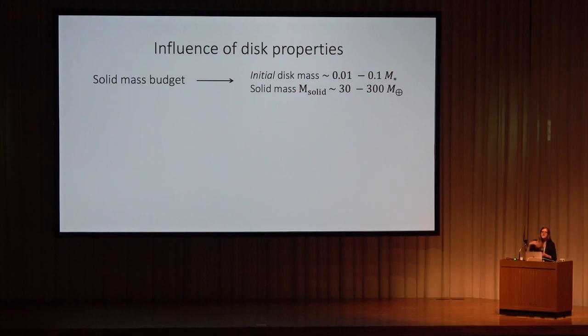This corresponds to an initial solid mass budget of around 30 to 300 Earth masses for solar metallicity. Given that compact multis typically contain multiple planets with a few Earth masses of material each, this implies that the metallicity must be greater than about 0.1 solar value in order to produce such typical systems.